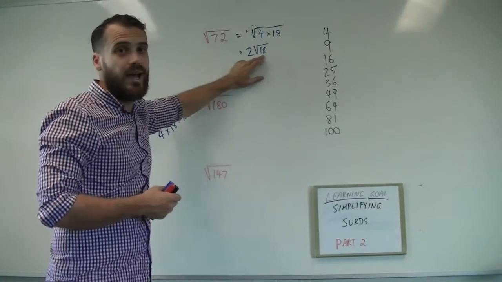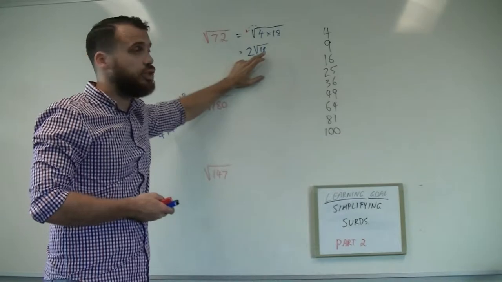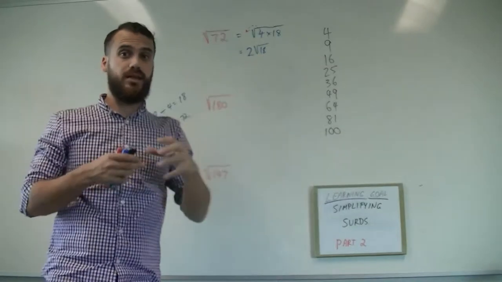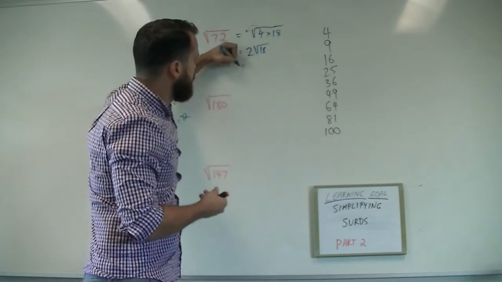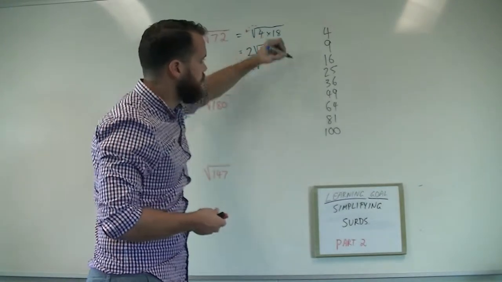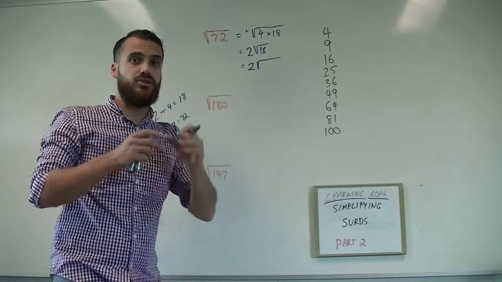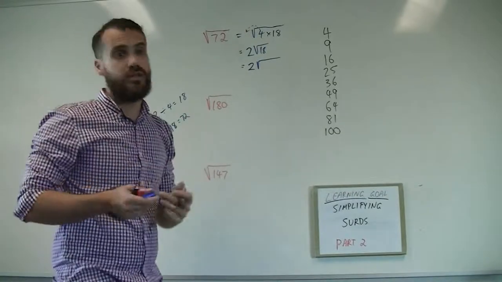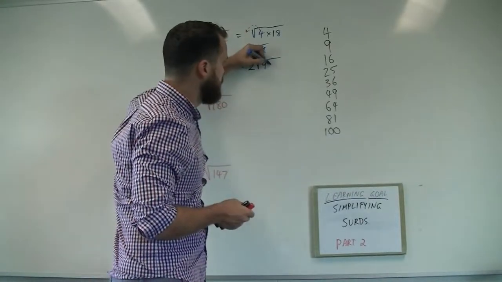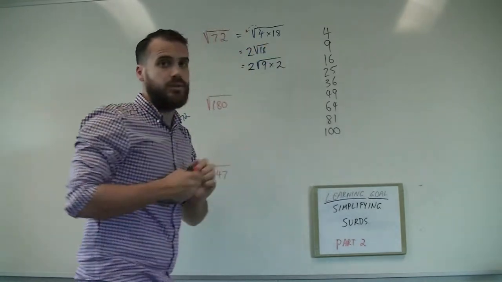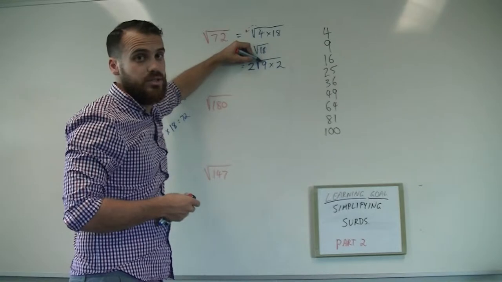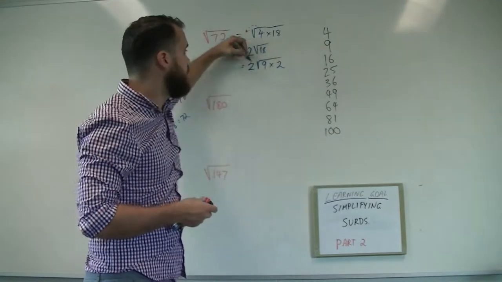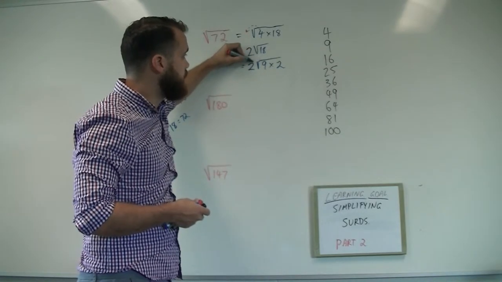Now if you look at 18, you should be able to see that you can break up 18 even further. 2 root, you can break up 18 into 2 and 9, or 9 and 2. Now I can take this 9, which is one of our square numbers, and move it outside here.